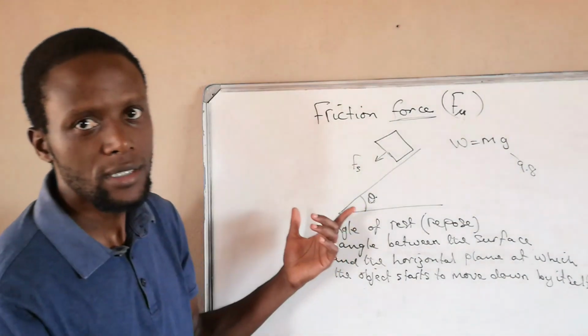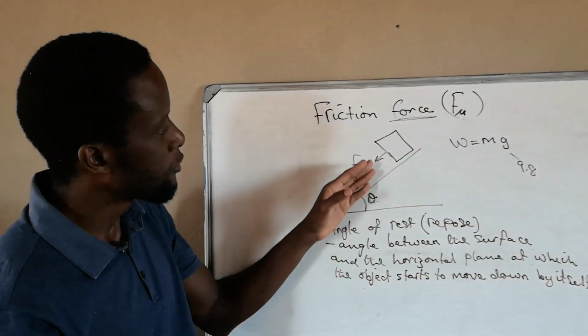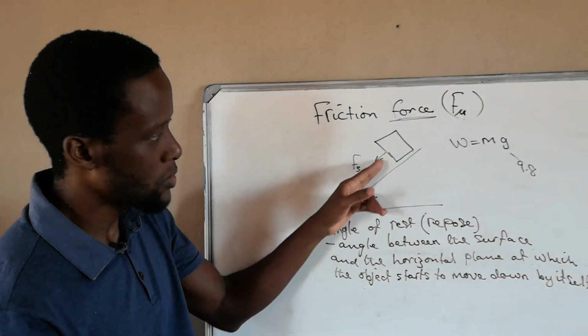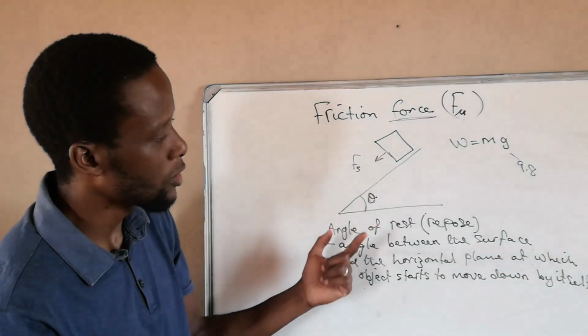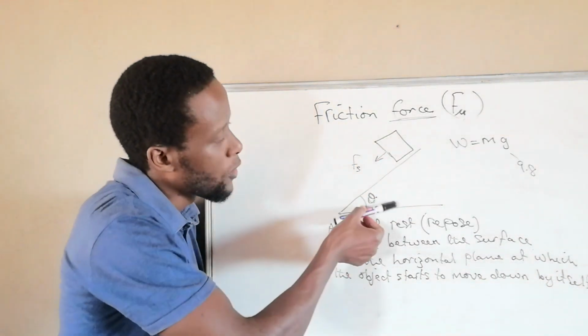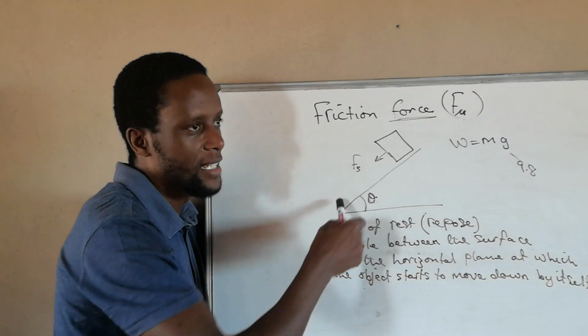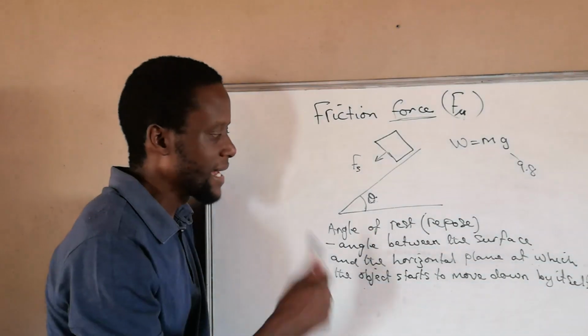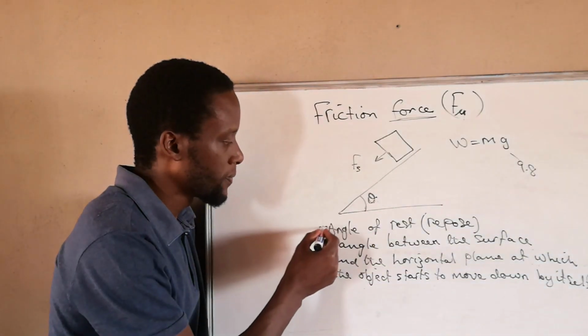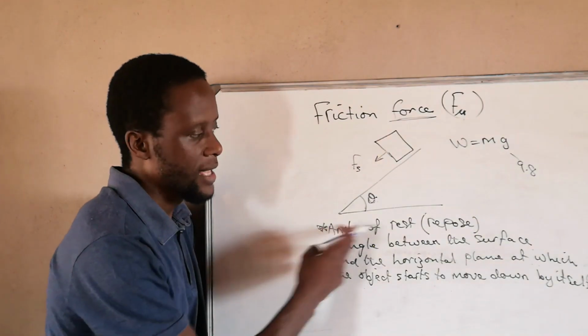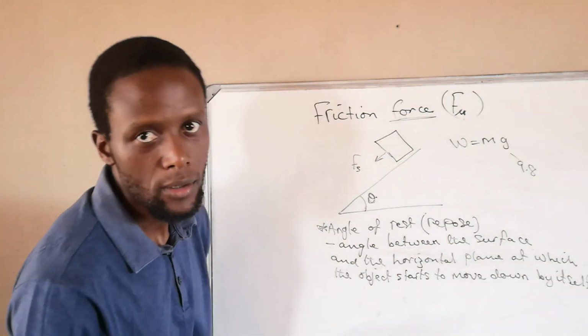We are not pushing the object, but at a certain angle, the object starts to slide downwards by itself. That particular angle is known as the angle of rest or angle of repose.